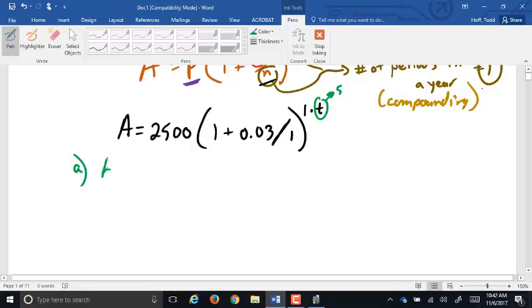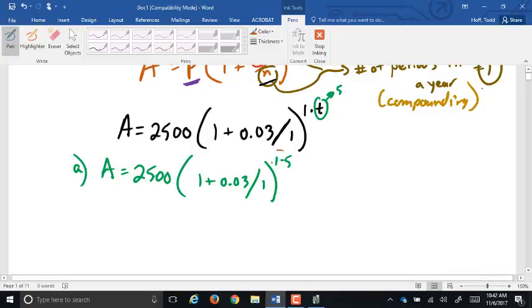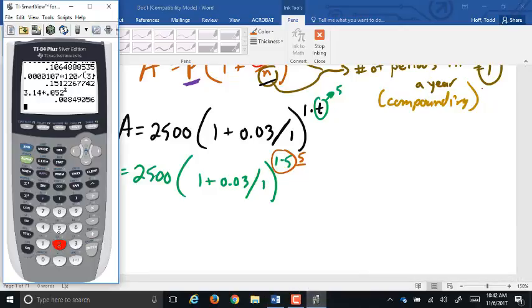And what did you come up with for part A? Now, for me, a lot of times it's easier if I just multiply this out so I can enter it in my power as just 5 when I type it in the calculator. What'd you guys end up getting?